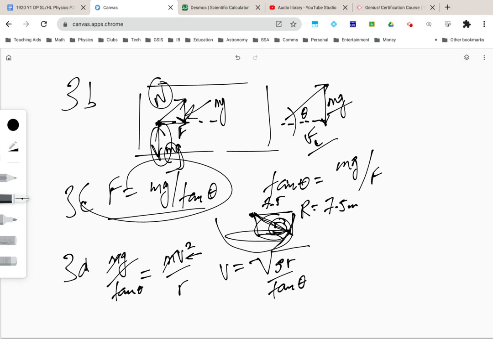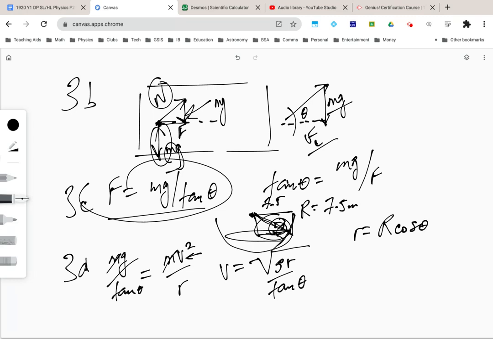So that makes little r here the cosine of the angle that we're making with the radius of the bowl. Okay, so that means that little r is equal to big R times the cosine of theta.